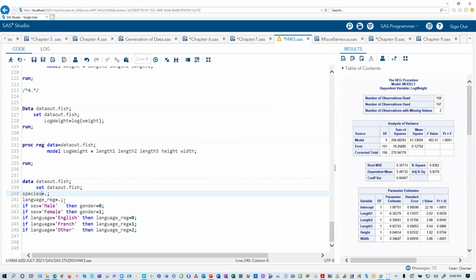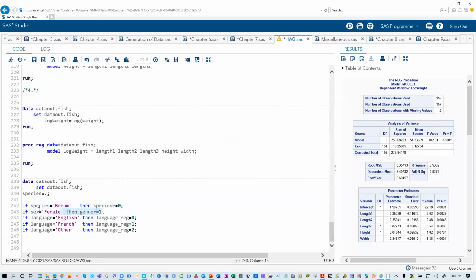We don't need this one. If species equals those names, you can give a number. You can say then species 0, like that.